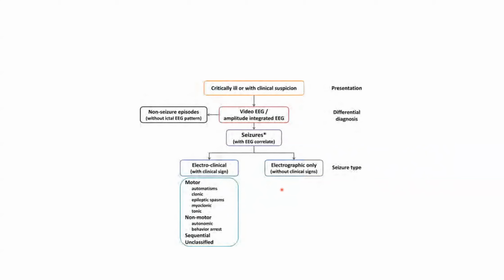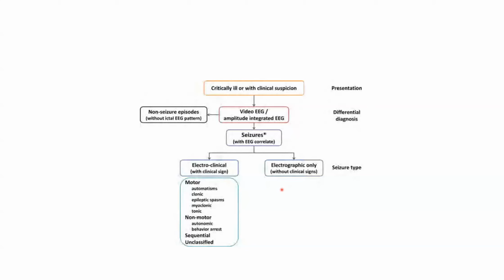If you do not have an EEG pattern which correlates with a seizure, then you do not consider it as a seizure at all, right? Accordingly, seizures can be either electrographic only, or electroclinical with a clinical sign, right? So EEG forms the basis of diagnosis of neonatal seizures, right?